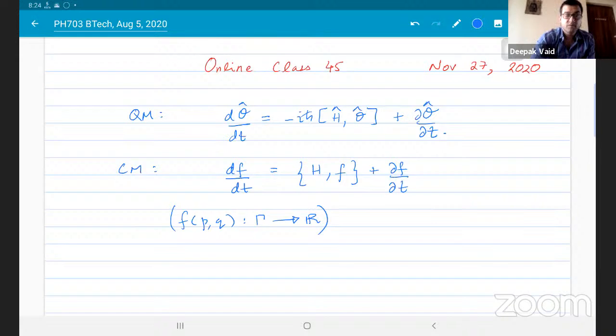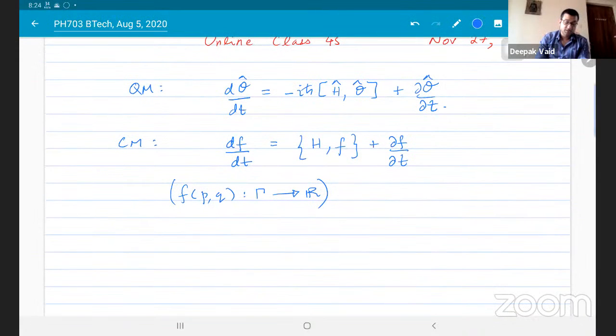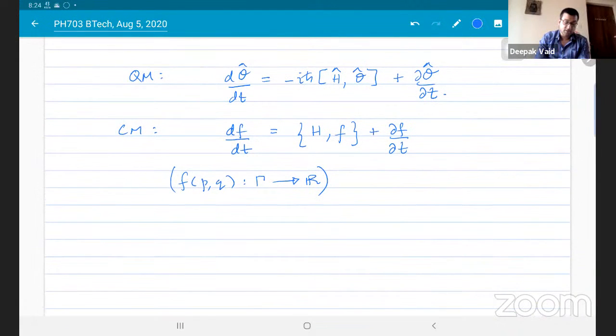I generally rely on him to correct such mistakes on my part. Anyways, you can check the sign over here whether it is correct or not, but this is basically what it looks like.